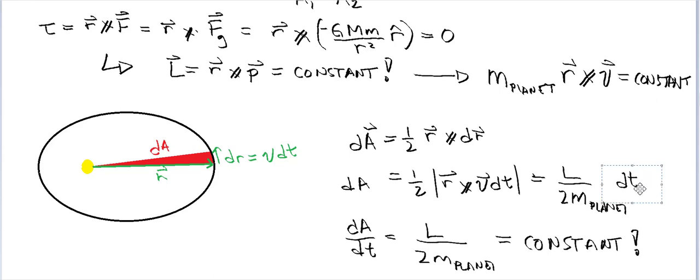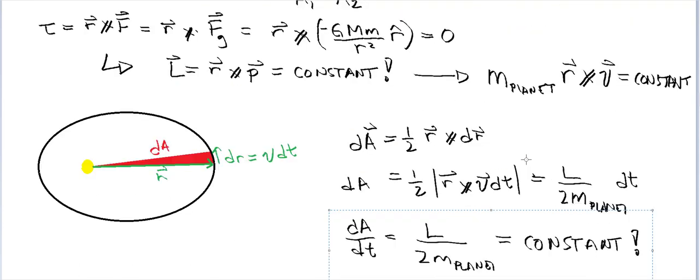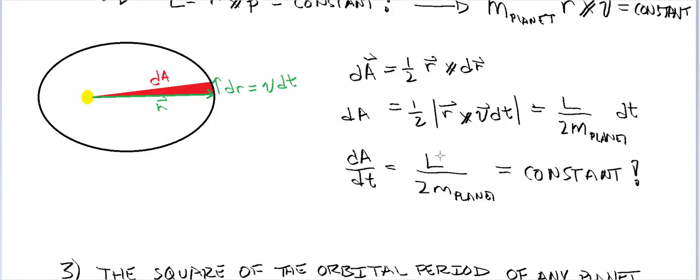I could divide both sides by dt, right? And if I do that, we get that dA dt is just L over 2m planet, but we already said that L was a constant. And so the mass of the planet presumably is somewhat constant, assuming it's not getting bombarded by stuff too often.